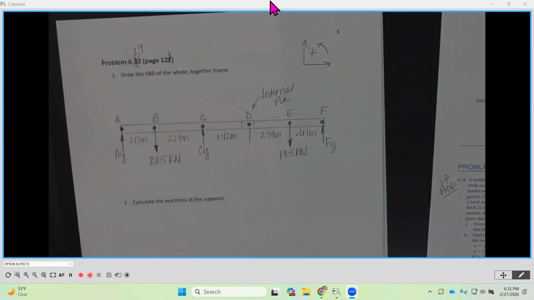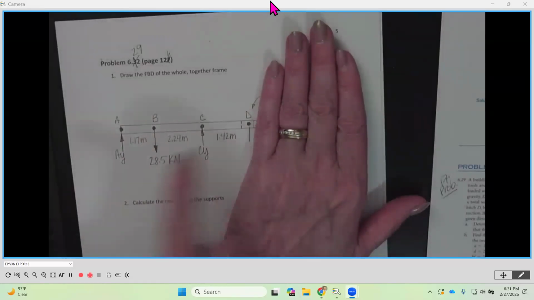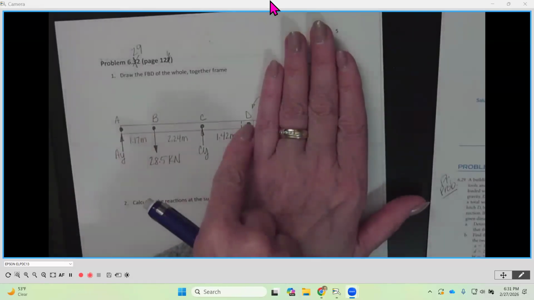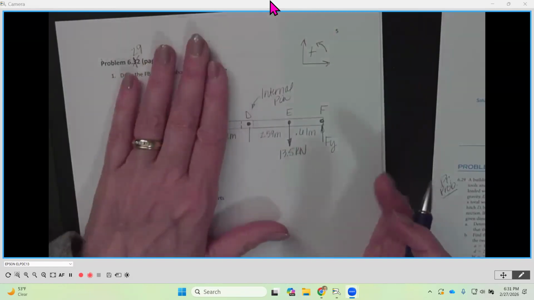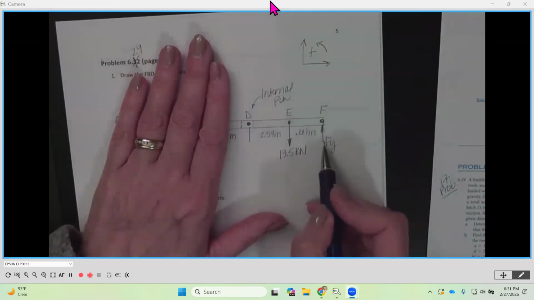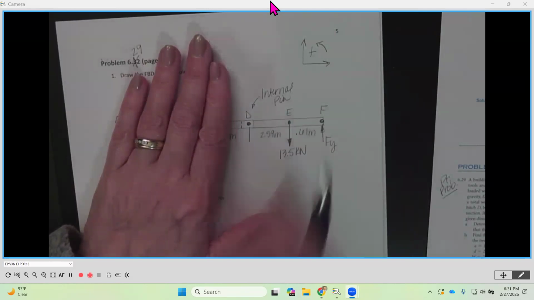So that just means that I can't do it here. So I'm going to then move to the individual members. So I'm going to look at the truck by itself and the trailer by itself, and I'm going to see if I can solve there. I'm going to start with the trailer, just because if I look at the truck side here, I'm going to have 2 unknowns plus the unknowns at D. So I can see that's going to be too many. But if I look at the trailer, I just have 1 unknown and the unknowns at D. So I have a better shot at doing that one.